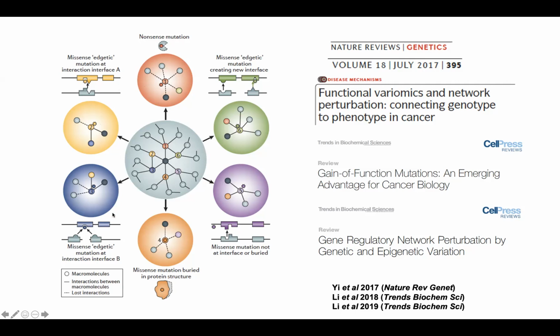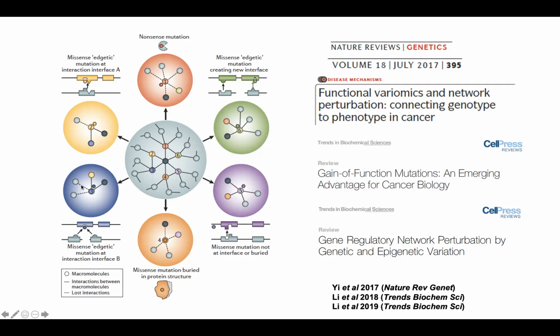As you can see here, we illustrated in a graph different scenarios representing classic examples of effects of mutations. In the very top scenario 1, you have a loss of all interactions, typically caused by a nonsense mutation, a loss of function effect. Or you have an edgetic effect, a term that came out recently in the past decade. In this case, you lose a specific interaction compared to the wild type interaction network.